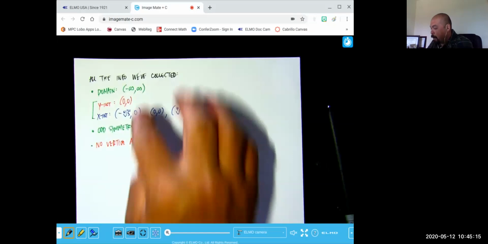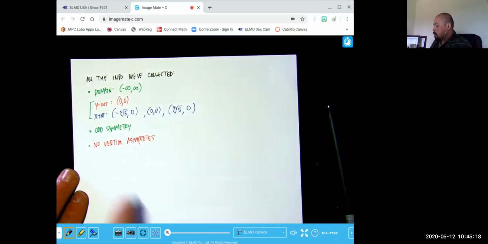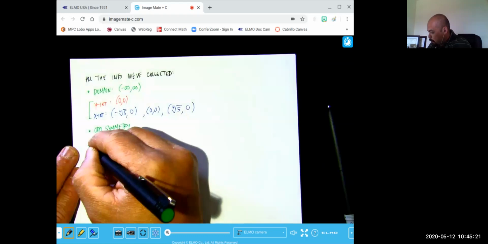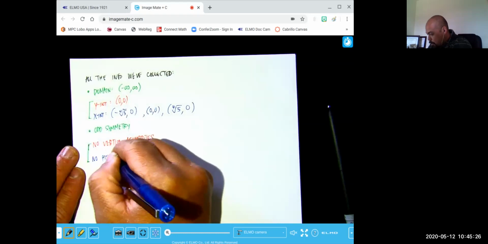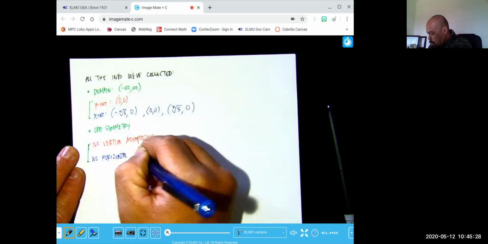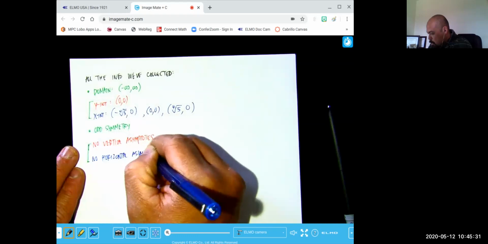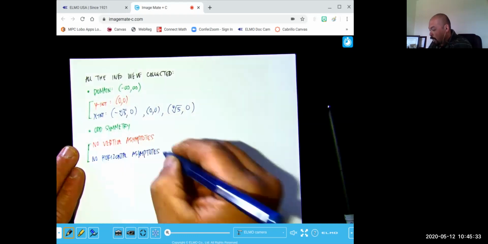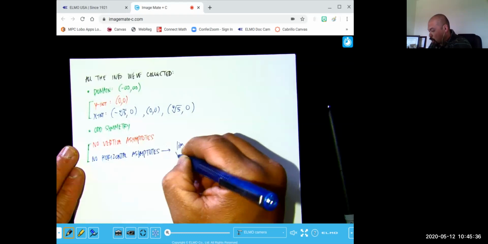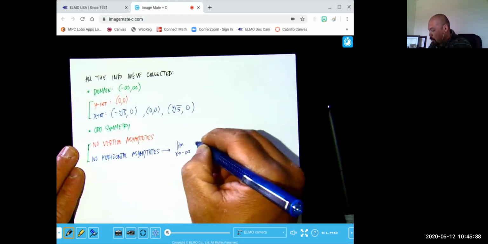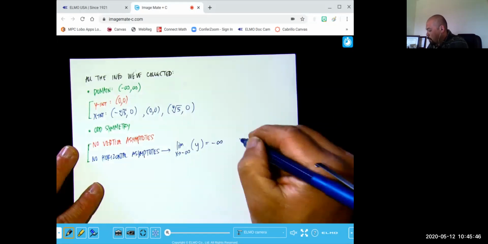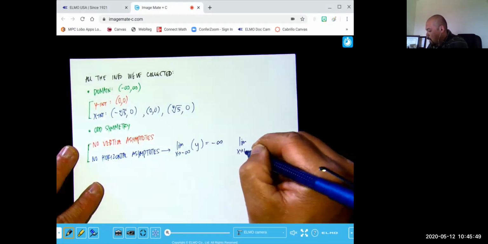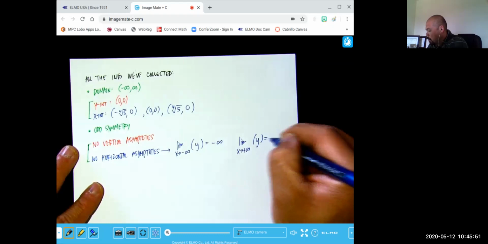For that end behavior, I'm going to slide this up. All right, so there was A, B, C, D. Okay, well, I guess these two are going to come together. And then there's no horizontal asymptotes, but we did see that limit as x goes to negative infinity for our equation went to negative infinity. And likewise, that limit as x went to positive infinity for our equation went to positive infinity, right?